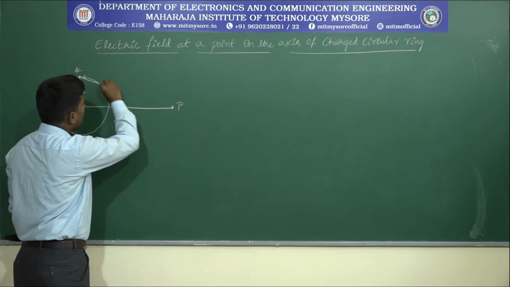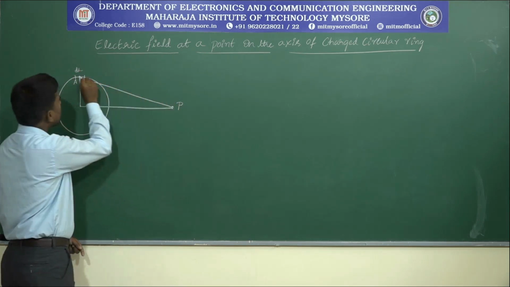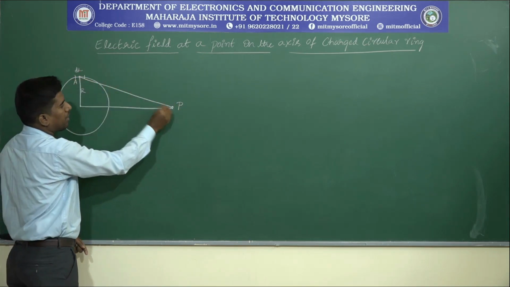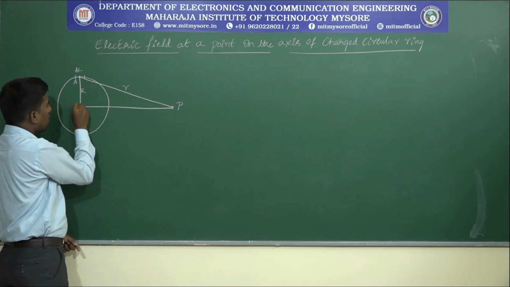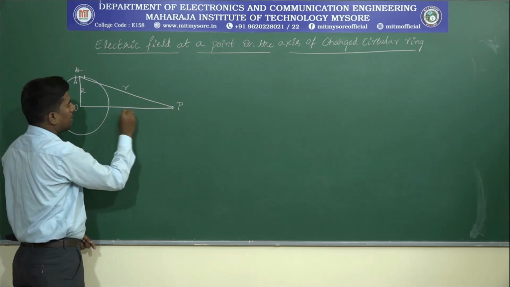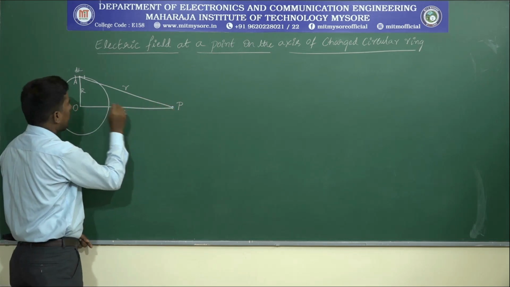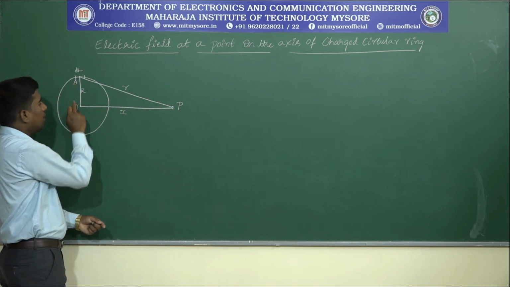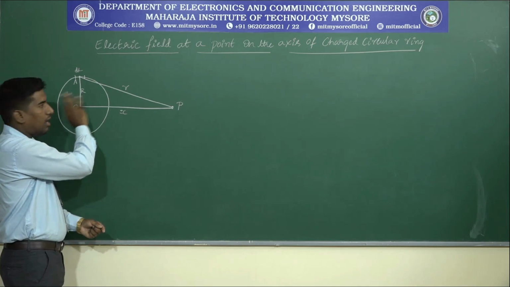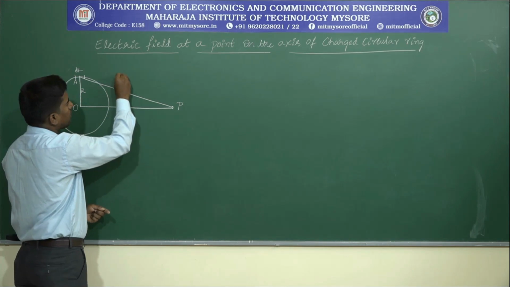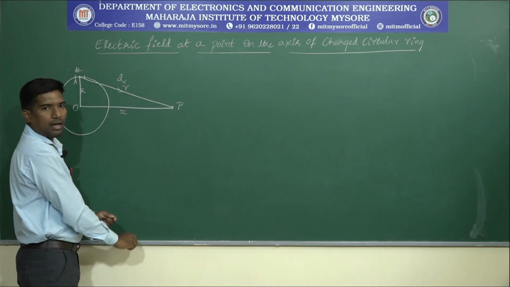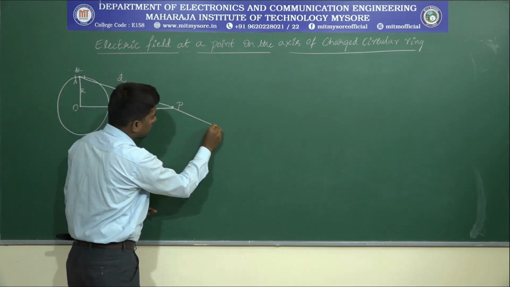Join A and P. The distance between point A and P is considered to be r. The distance between origin O and point P is x. The distance between A and O is r. This is the vector r, which has the unit vector a cap r.